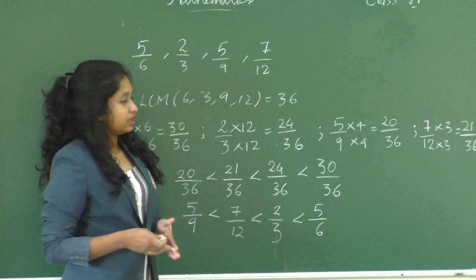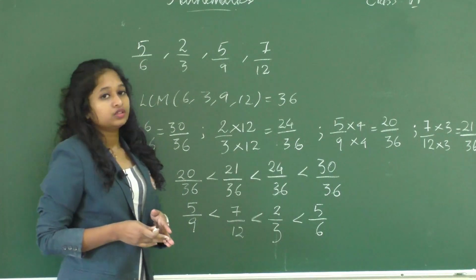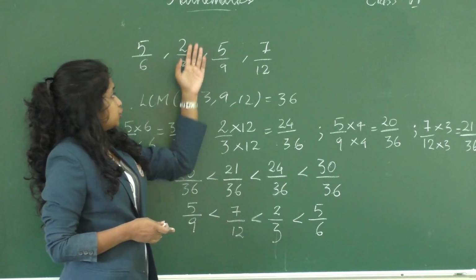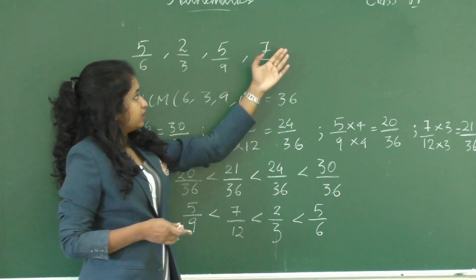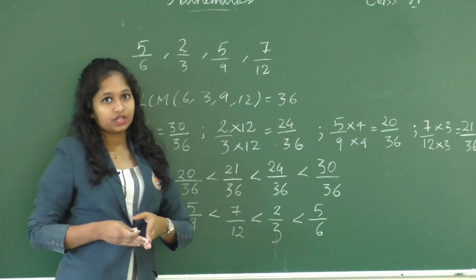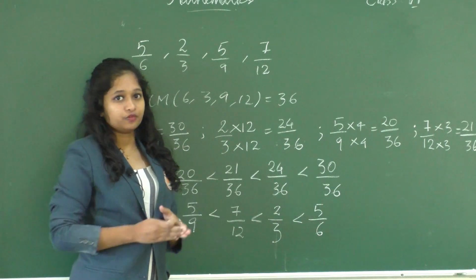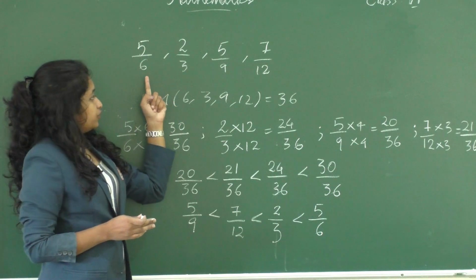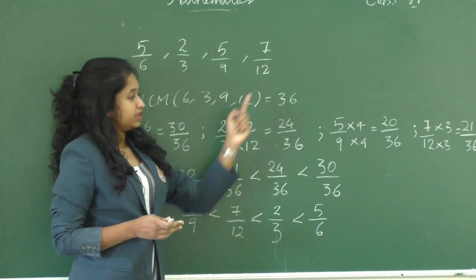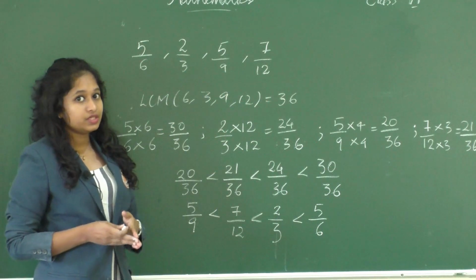Okay? Here I have a question. 5 by 6, 2 by 3, 5 by 9 and 7 by 12. How to compare? Find the LCM first. LCM of 6, 3, 9 and 12 is 36.